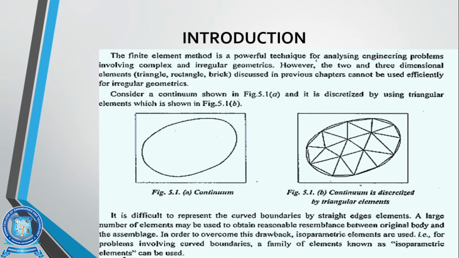The 2 or 3 dimensional elements, which we call triangle, rectangle, brick, cannot be used efficiently for irregular geometries that we discussed in the previous units. So here in this unit, we are going to discuss that.